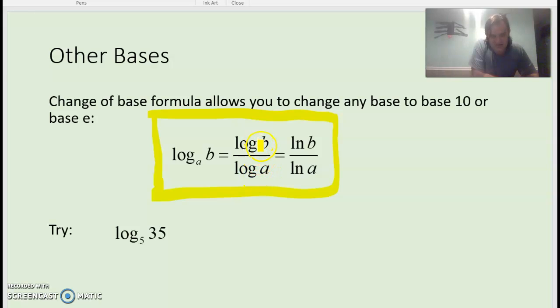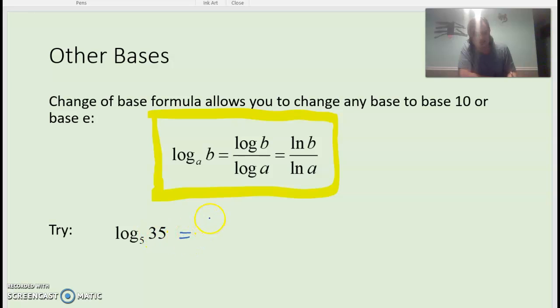So both of those are base 10, so our calculator would handle them. Or we could change it to the natural log of B over the natural log of A, which are both base E, which our calculator could handle. And it will give us the same answer because it's the same ratio. So the example we're going to try here is log base 5 of 35.